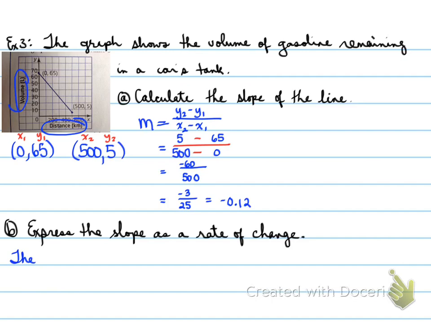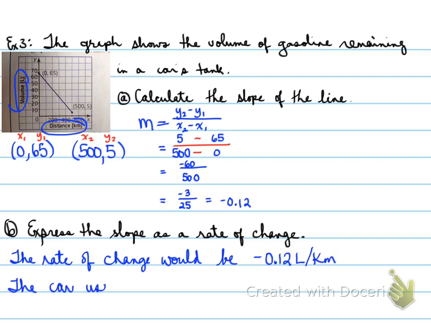Negative 0.12 what? Well, the rate of change would be negative 0.12 liters. That's the y values over the x. So liters per kilometer. So what does it mean? Well, why is it negative?